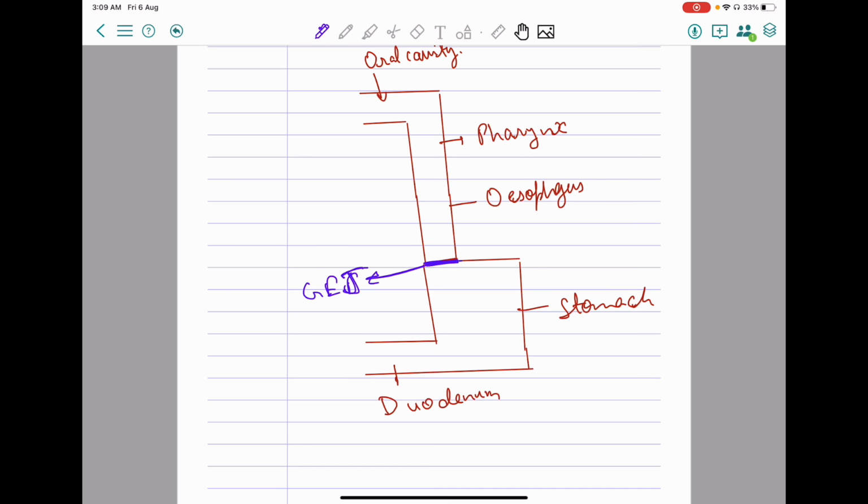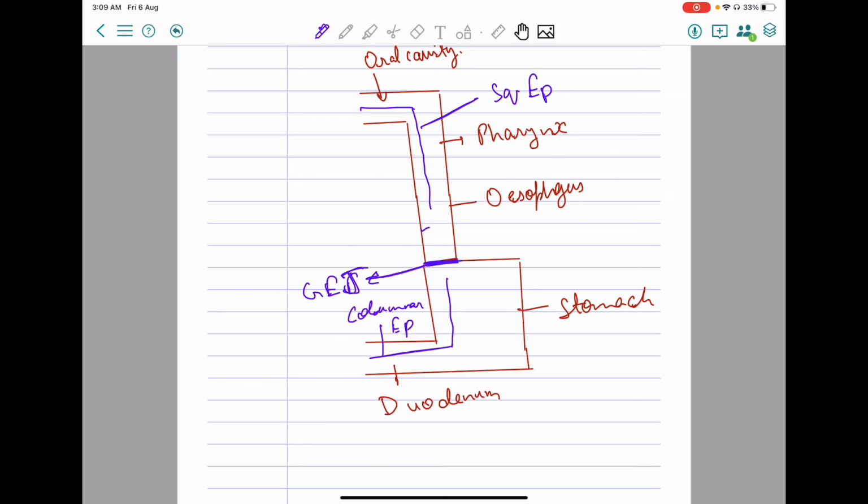First of all, we all know that the lining of the oral cavity is made up of squamous epithelium. All right, squamous epithelium. And the lining of the duodenum, or you can say the small intestine, and the stomach is made up of columnar epithelium.